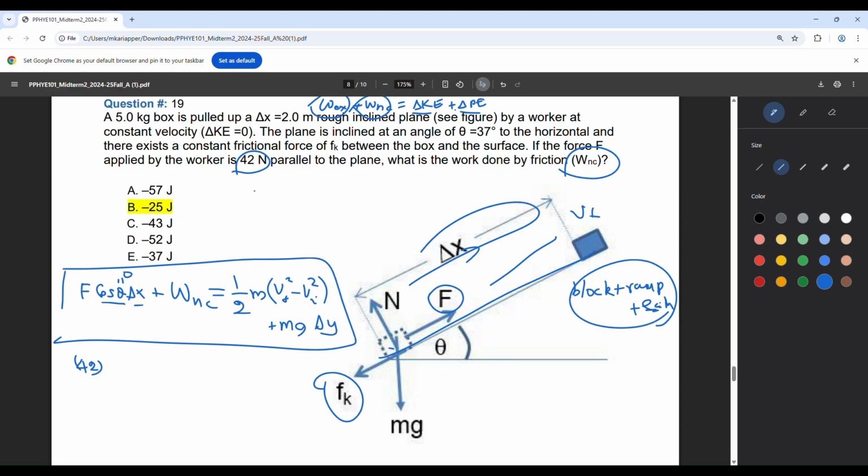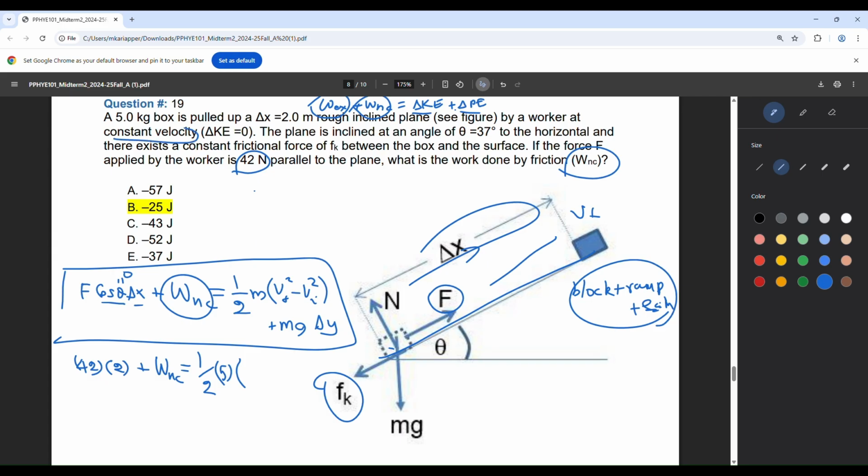Delta x, how much is it? 2 meters. Okay. Plus, this is our unknown. We are asked to find that. Half m is equal to 5 kilogram and v final.